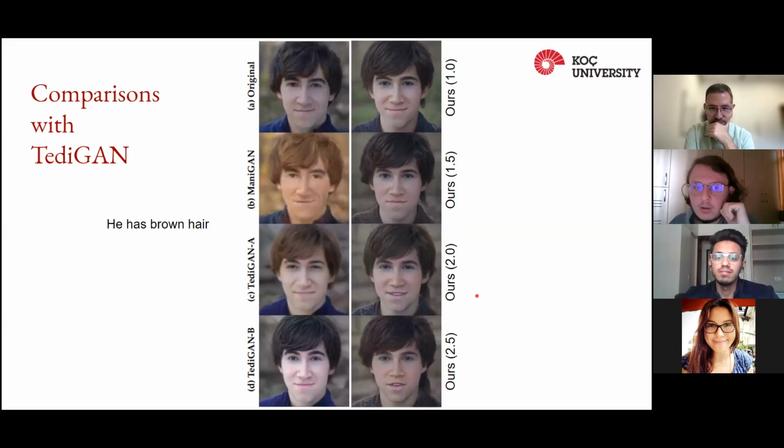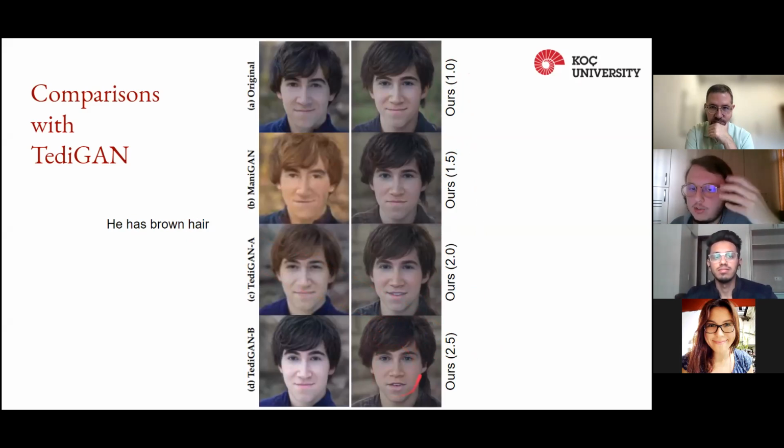One thing to observe here is that if we go from lower weight to higher weight for the CLIP loss, the changes that we describe become more apparent in the images. If you compare the hair color of this one to this one, it changes the hair color more, but it comes at the cost of manipulating the identity as well.